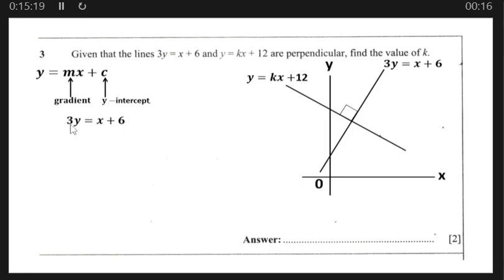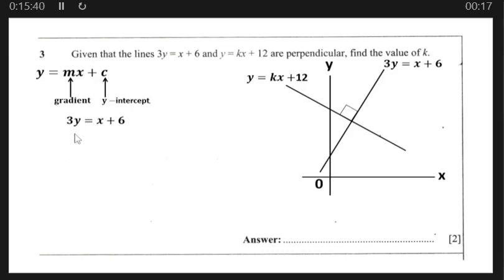Since between y and 3 there is a multiplication that we don't show, you should just keep in mind that if we don't have a minus, an addition, or a division in between, then there is a multiplication that we don't show.